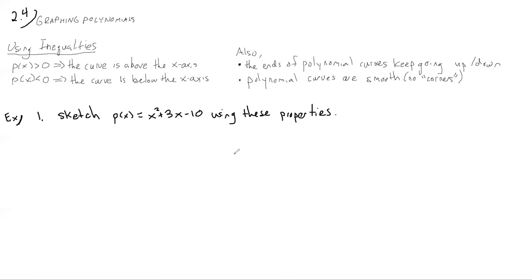A couple of other features that we'll use when sketching these. The ends of polynomial curves keep going up or down. Just some examples that we do know about. If we have a linear curve, which is a polynomial, if we draw it, it would either keep going up on the right or down on the left. There is an exception there, unless it's a constant, so I should add that.